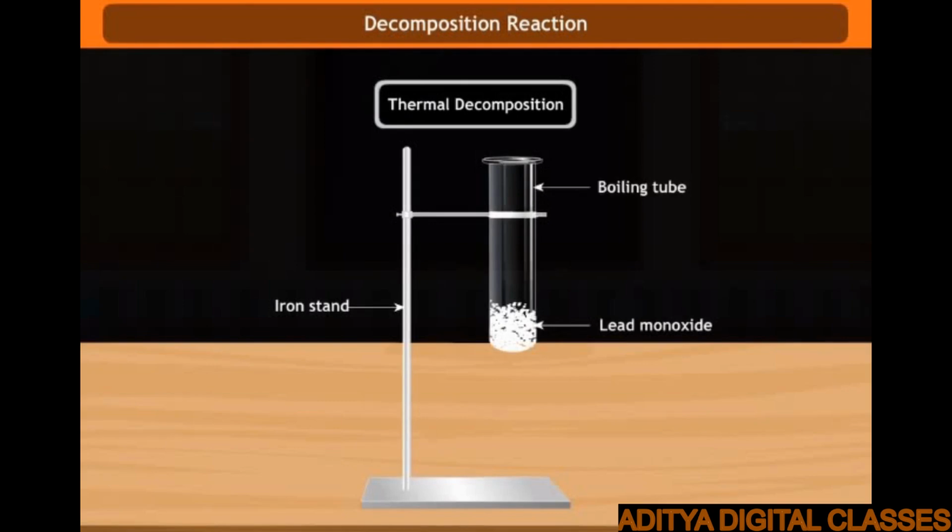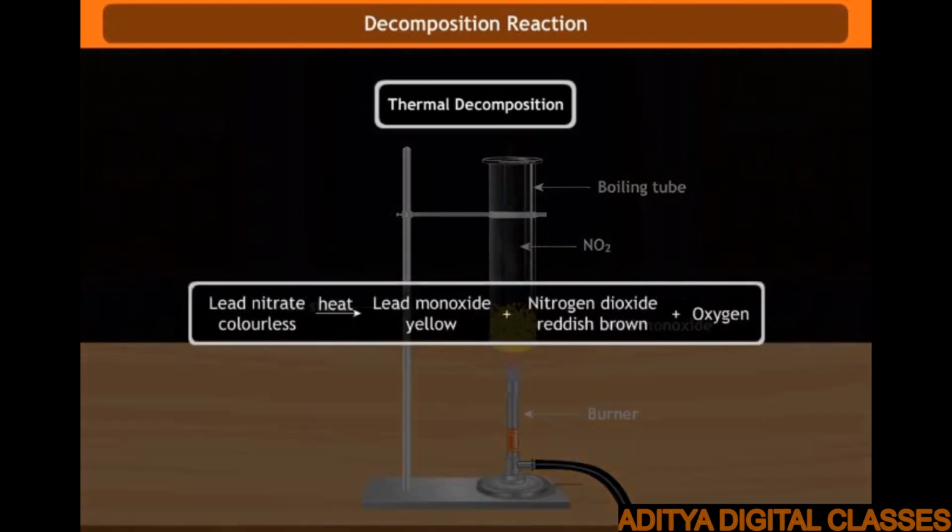Note the color of the compound. Heat it in the flame of the Bunsen burner. Observe the change taking place. You will observe that emission of brown fumes takes place. These fumes are of nitrogen dioxide. During this reaction, lead nitrate decomposes to form lead oxide, nitrogen dioxide, and oxygen gas.